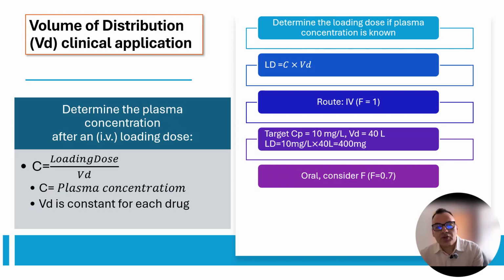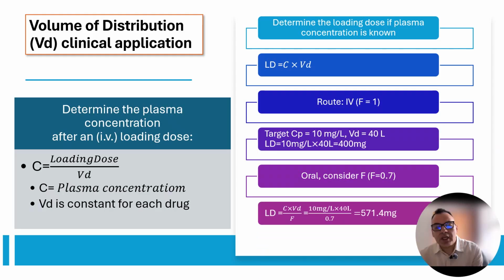Another factor: if we have an oral dosage form, F equals, like in this example, 0.7, which means that not all the dose will reach circulation, so we must consider the F factor in this calculation. We will have the same equation, C multiplied by Vd, but we will divide by the bioavailability factor.